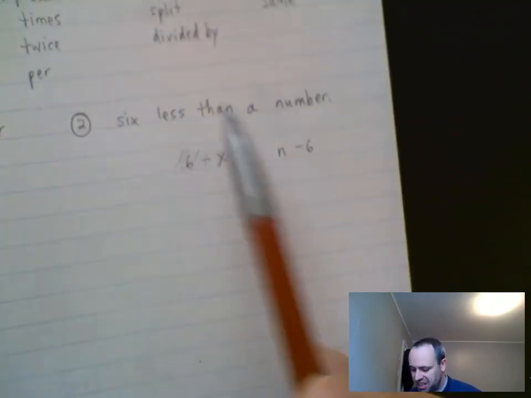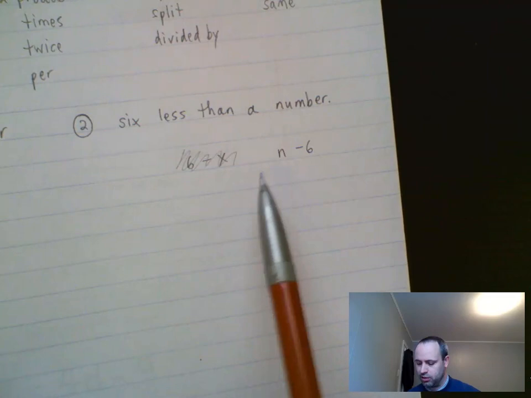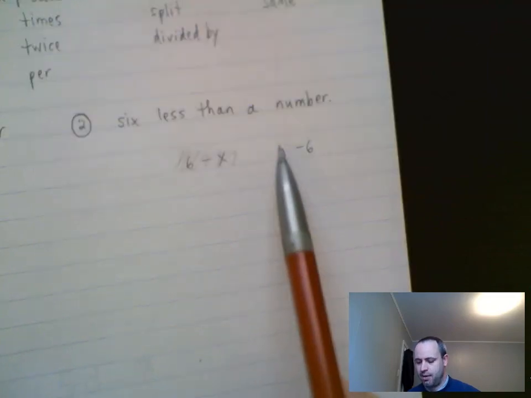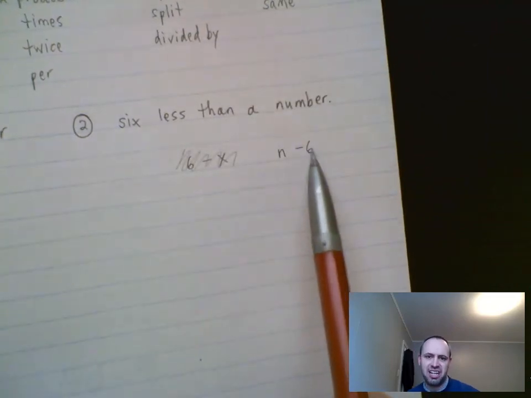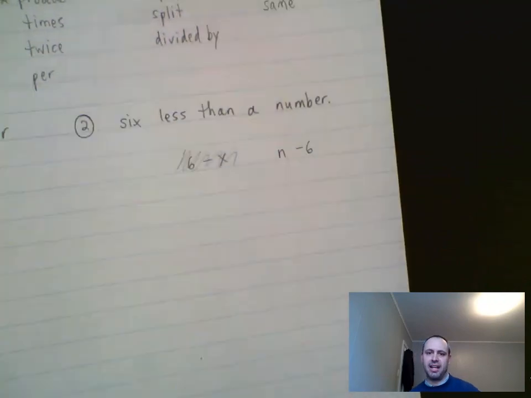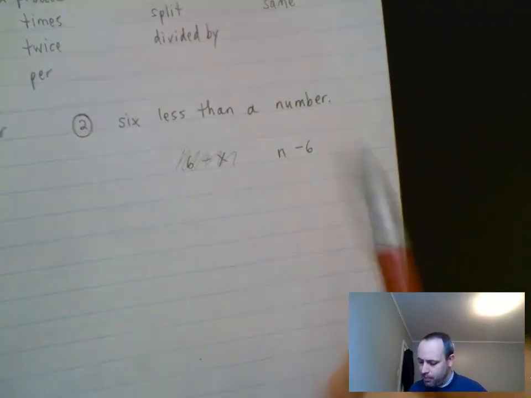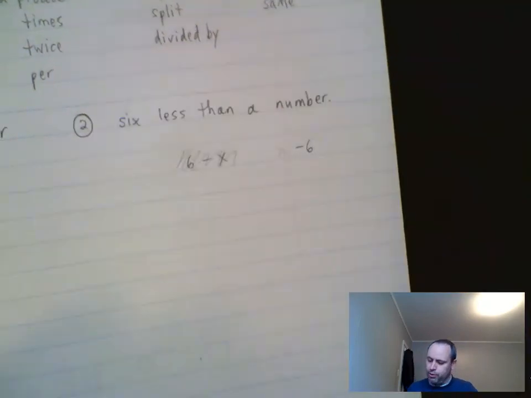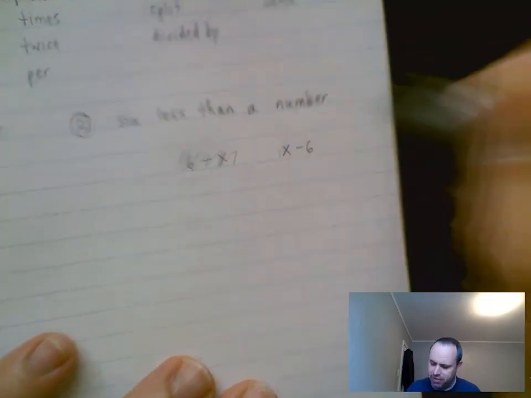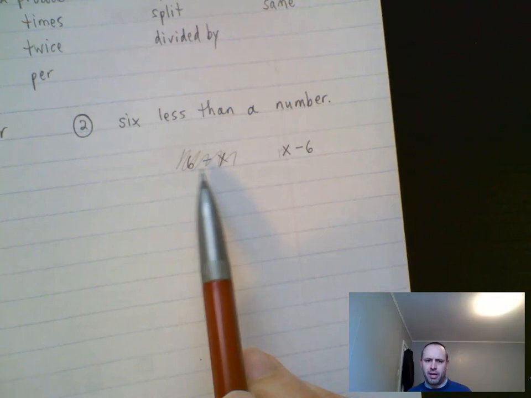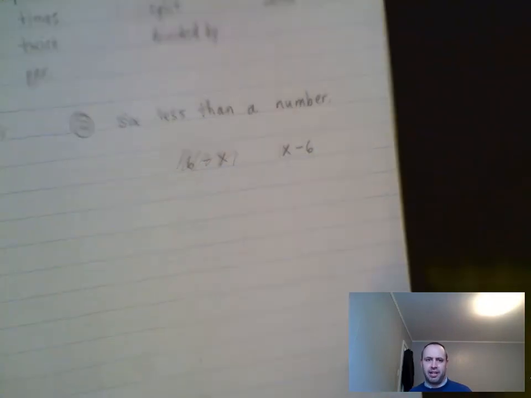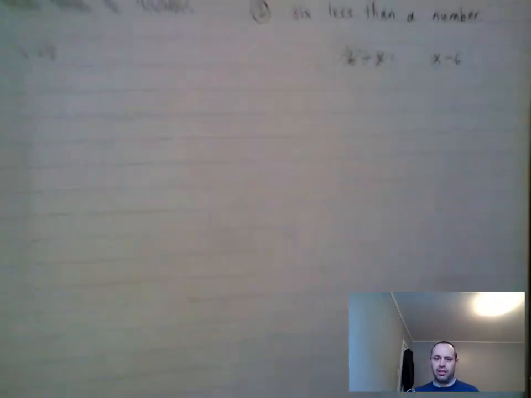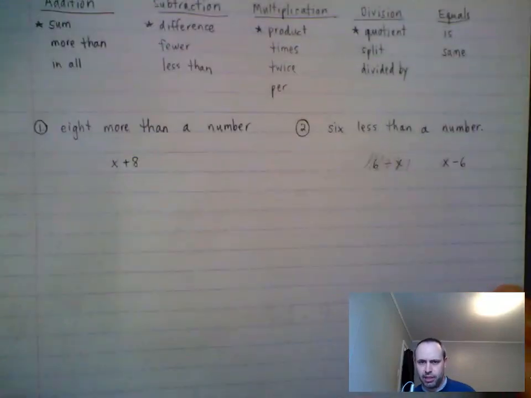So if it said 6 less than 10, then we would do 10 minus 6, because it's 6 less than that thing, which would be 10. So n minus 6. Or if we want to make it consistent here, we'll go x minus 6. So it's not 6 minus x. That's wrong. It's x minus 6. That's where your English language skills come into play here.